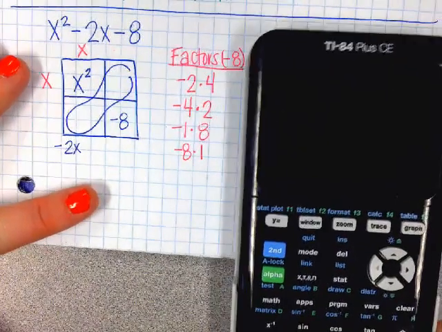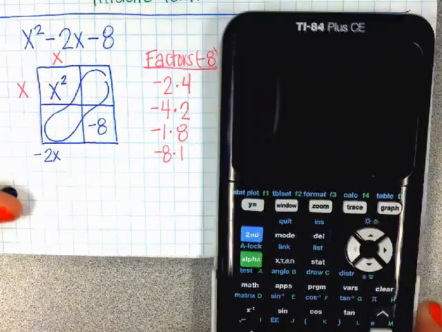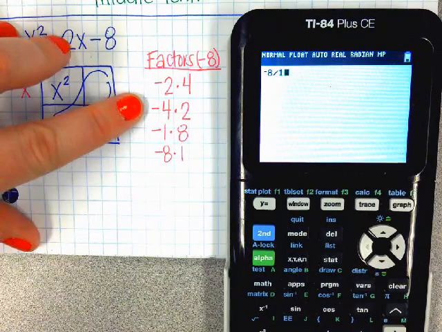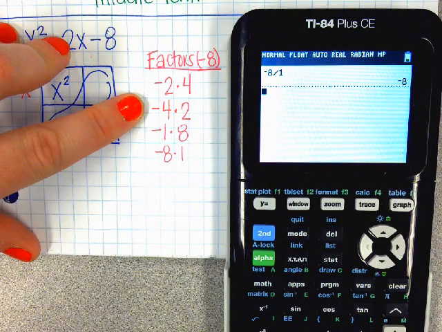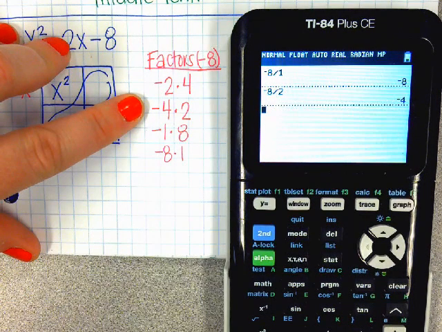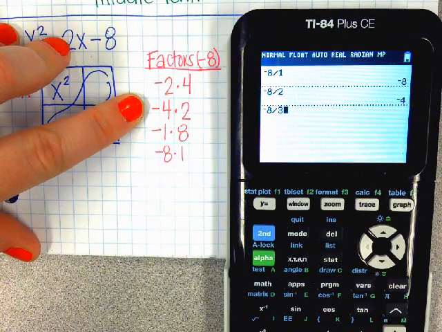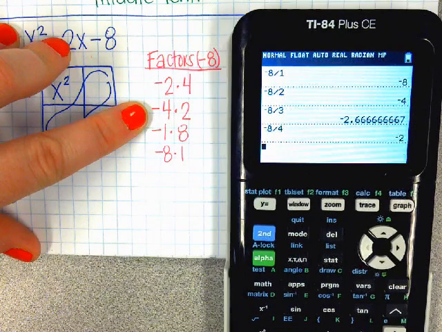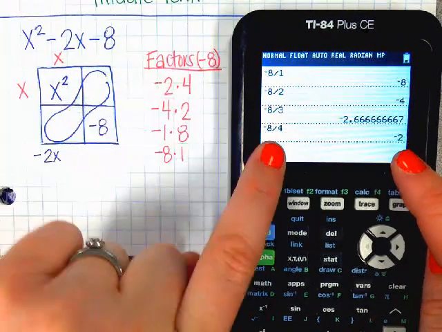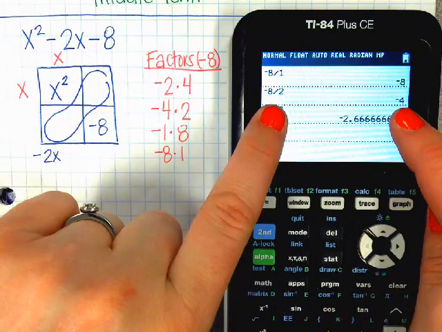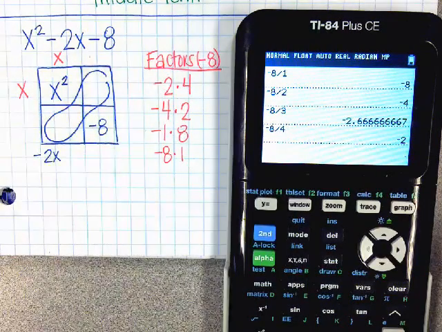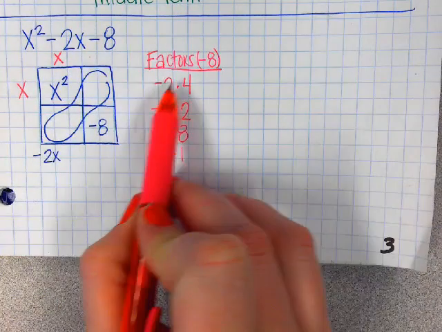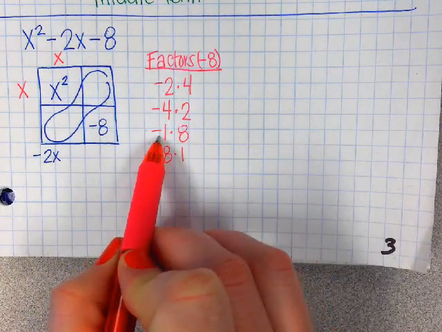The way you can do that in your calculator, if you can't think of the multiples off the top of your head, if you take this number right here, negative 8, and just start dividing, divide by 1 is negative 8. Negative 8 divided by 2 is negative 4. Negative 8 divided by 3 gives you a decimal, so that's not a factor. Now, I could do negative 8 divided by 4. Notice do you agree that it gives you the same pair that you've already written? Yes? So 4 and 2 and 1 and 8 are the only factors of 8. And then you have to remember that since it's a negative, one has to be negative, one has to be positive.